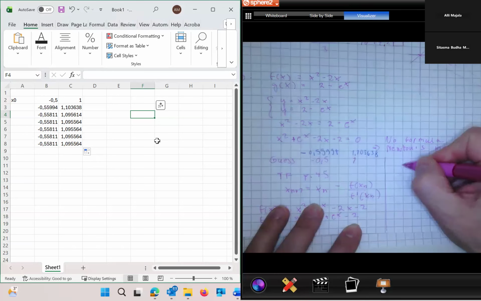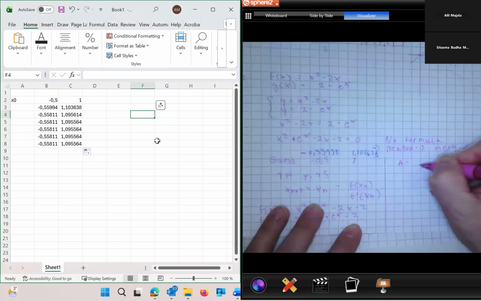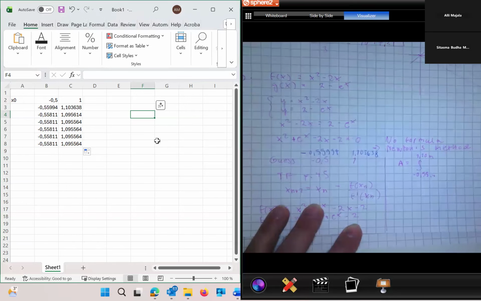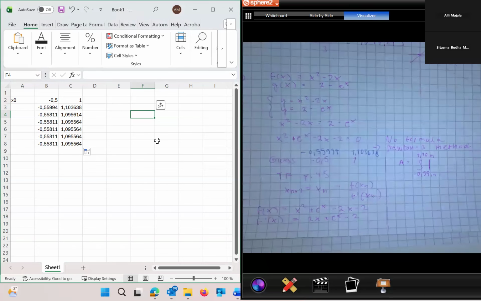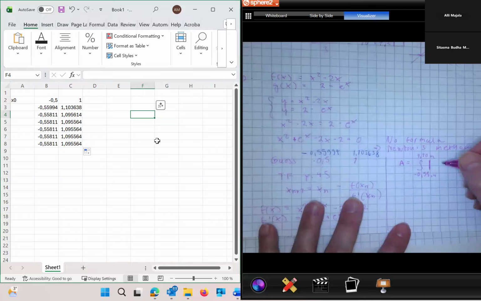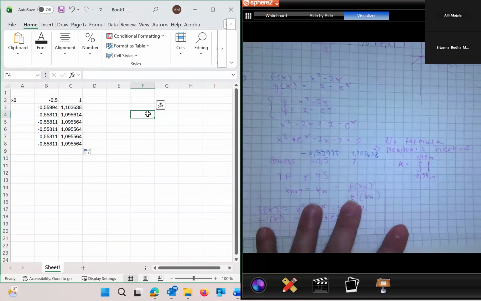So again, I do the area. So I integrate from minus 0.55 something to 1.10 something. There was just one area. So I can have either of them being f(x) and either g(x), it doesn't make any difference.